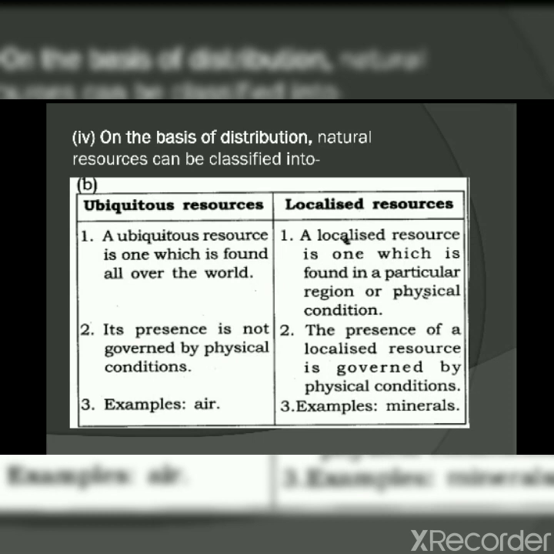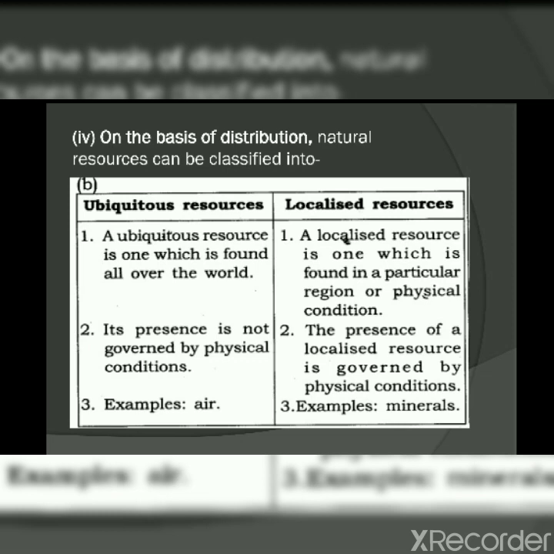On the basis of distribution, natural resources can be classified into ubiquitous resources and localized resources. Now what are ubiquitous resources? These are the resources which are found all over the world. That means you will find these kinds of resources everywhere on the earth. Whereas localized resources are the ones which are found in a particular region or physical condition.